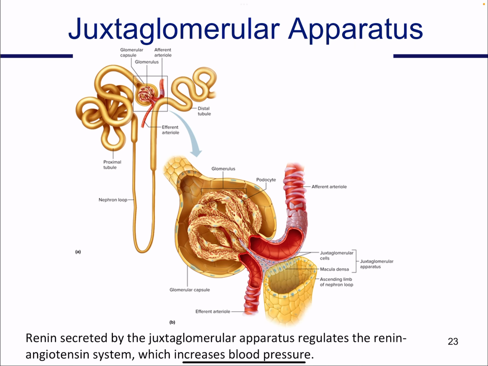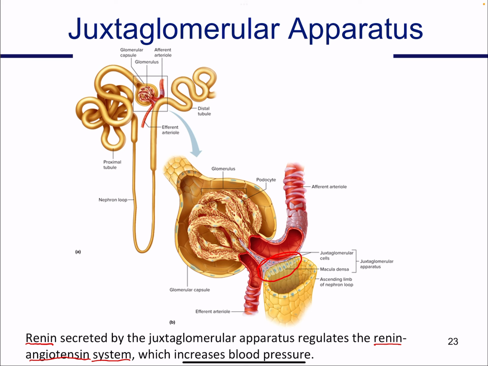Now, let's take a look at the juxtaglomerular apparatus. Renin that is released by the kidney is going to target the juxtaglomerular apparatus right here, which is involved in the renin angiotensin system, which is essential in controlling blood pressure.